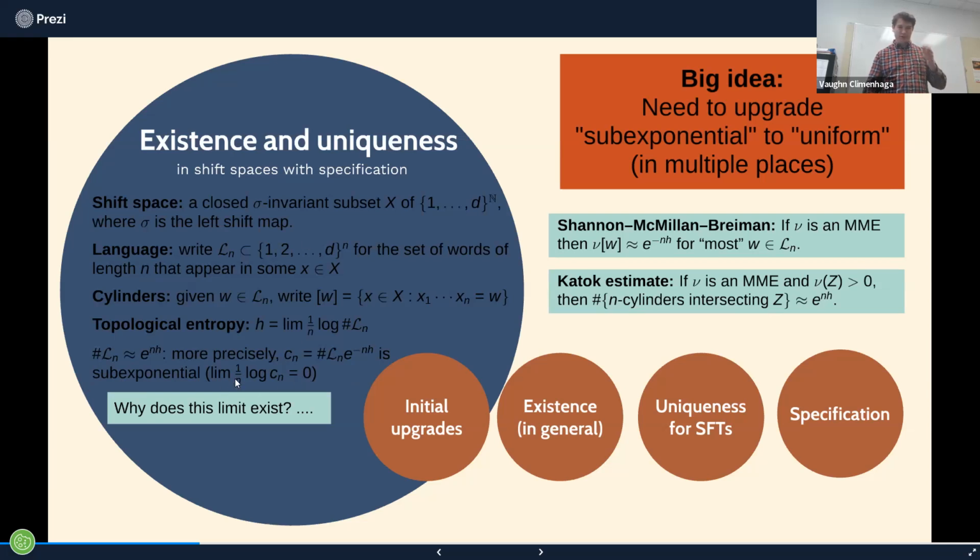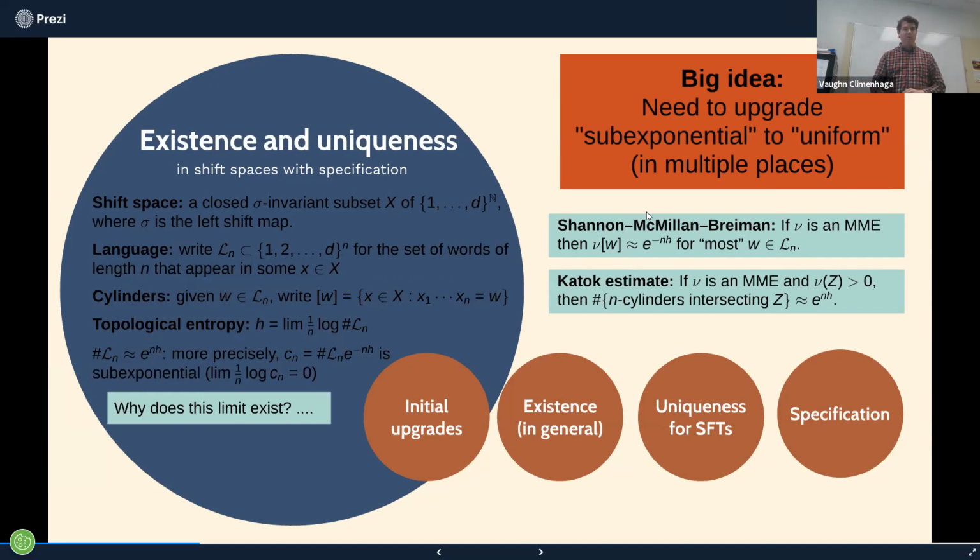Okay, so those are all equivalent. I'm just formalizing my notation just a little bit. Now, it's not immediately obvious why this limit exists. If you saw the pre-talk, you know why it exists, but I'll tell you again in a moment. But first, let me mention two other places where we do need to upgrade a sub-exponential to uniform.